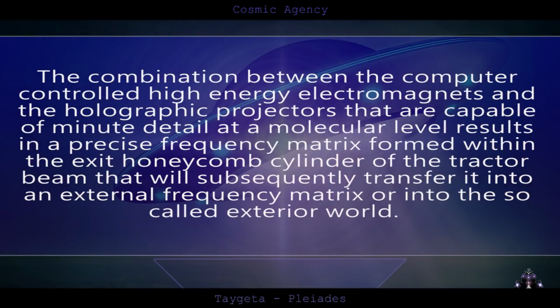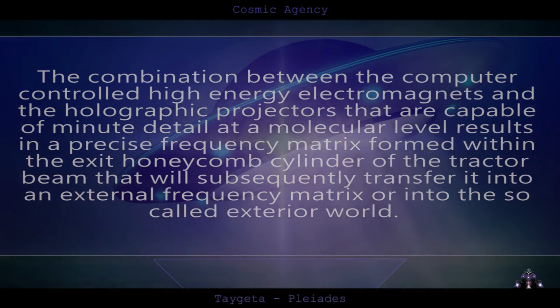The combination between the computer-controlled high-energy electromagnets and the holographic projectors that are capable of minute detail at a molecular level results in a precise frequency matrix formed within the exit honeycomb cylinder of the tractor beam that will subsequently transfer it into an external frequency matrix, or into the so-called exterior world.